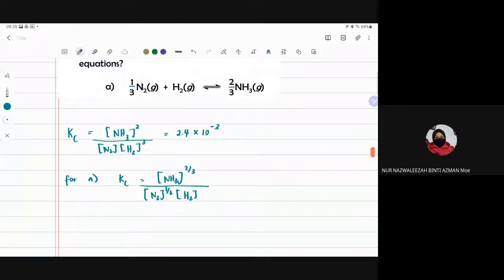So, ini bersamaan dengan Kc yang asal ni, NH3 to the power of 2 bahagikan dengan N2 H2 to the power of 3 dengan 1/3 to the power of that. Jadi kalau kita tengok, ini adalah yang asal.